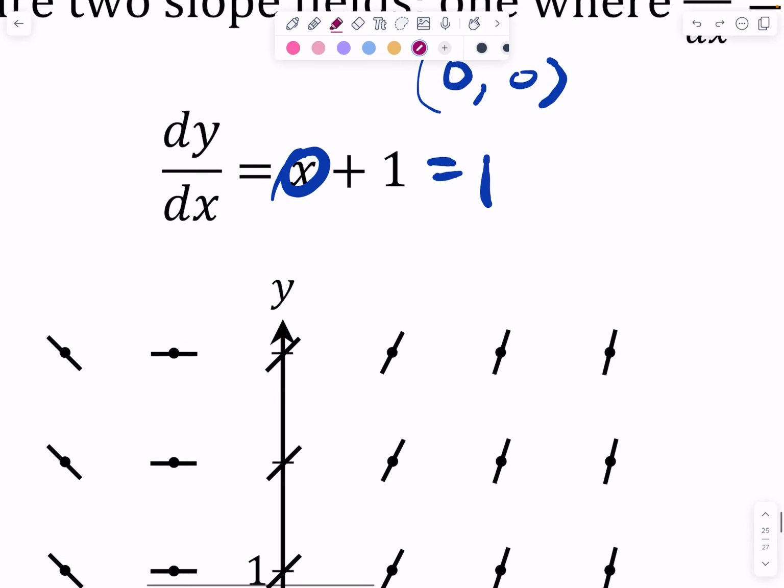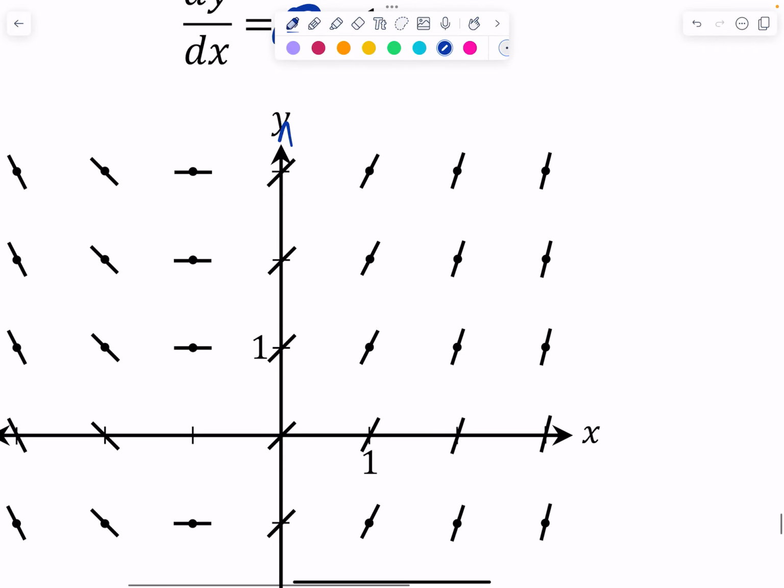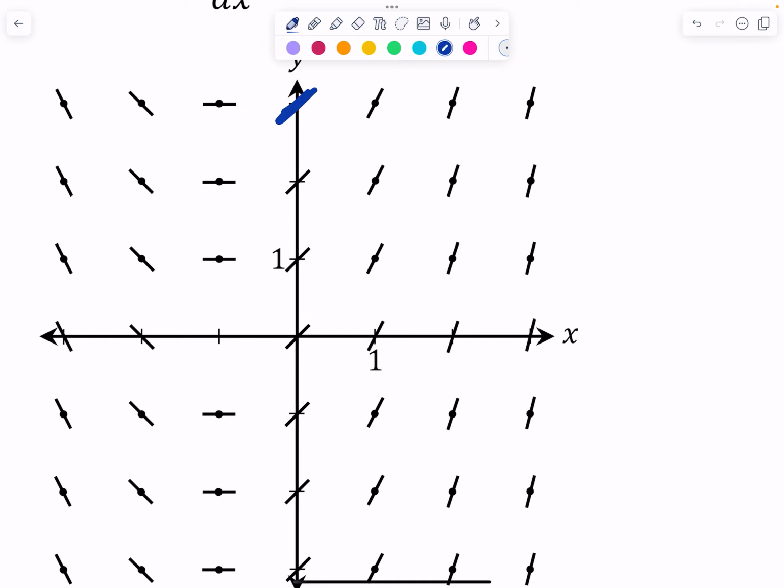Now, no matter what the y value is, it doesn't seem to make a difference on this particular one. This is just based entirely on x. So when x is 0, and y is just whatever y value, this will always be 0 plus 1. That's why right up and down this axis where x is 0, we have all these little slope values of 1.